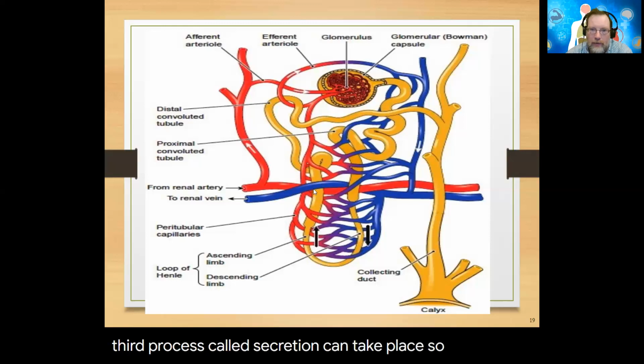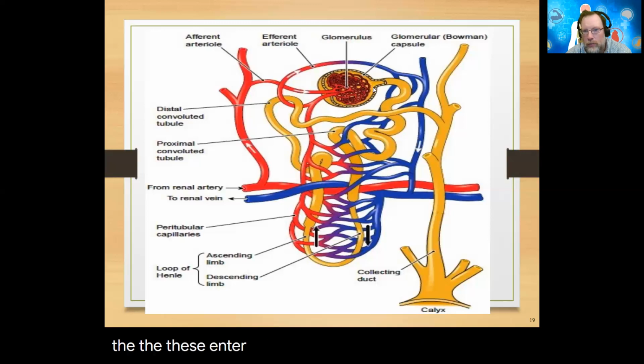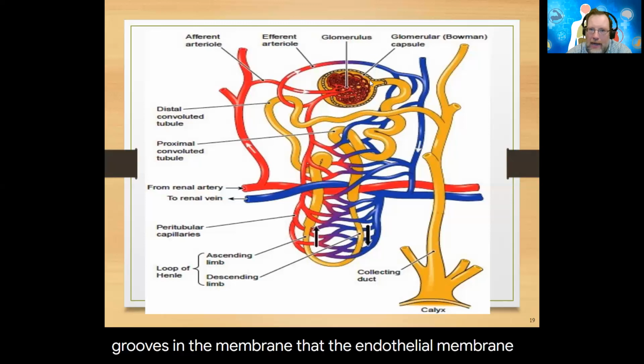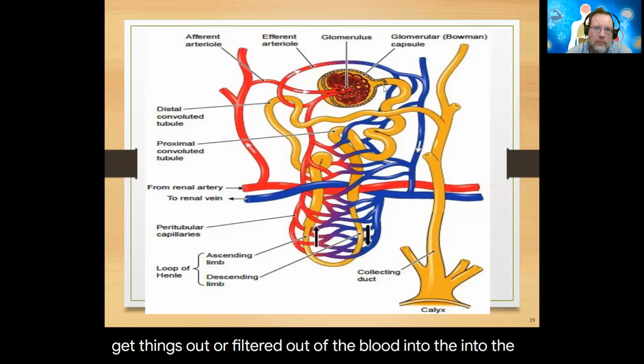So if there were items in the bloodstream, especially right in this area, that we were unable to filter out, maybe these fenestrations, pores, windows, or these little crypts or grooves in the endothelial membrane of the capsule were clogged, or we were just unable to get things filtered out of the blood into the Bowman's capsule.